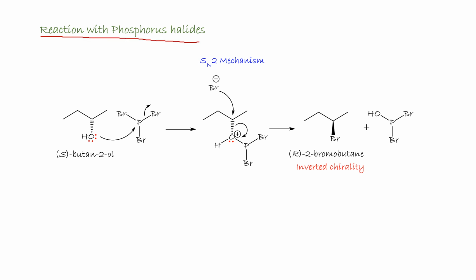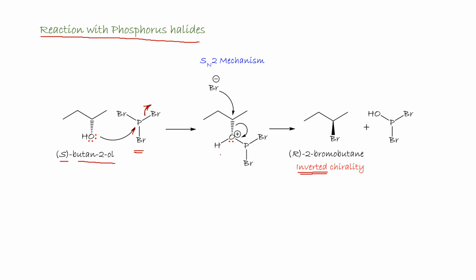Reaction with phosphorus halide. Alcohol will react with phosphorus halides, PX3 or PX5, to form the alkyl halide with inversion in chirality. Starting, for example, with S-butan-2-ol, the lone pair will attack on the phosphorus, kicking bromide ion out.